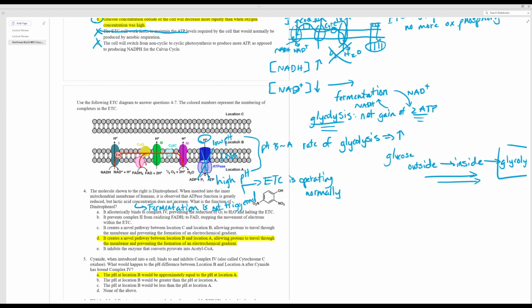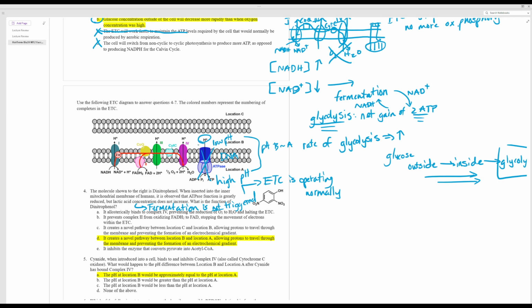So going from location B to location A is no longer a very spontaneous process. The reverse direction is equally as likely. And that would account for the ATPase function being severely reduced.